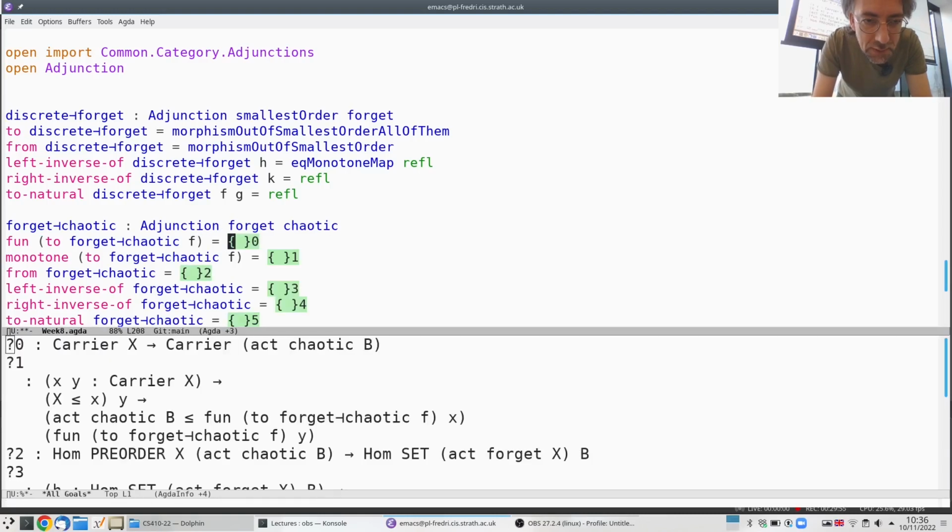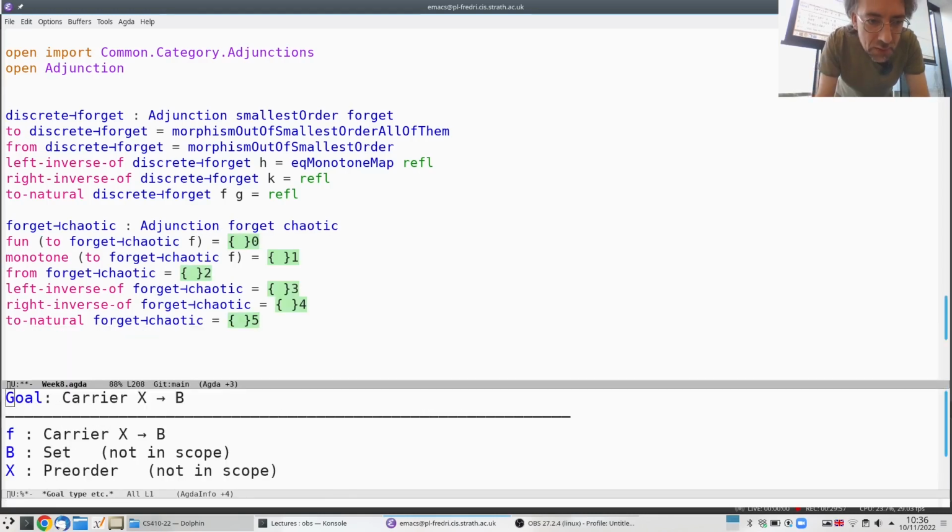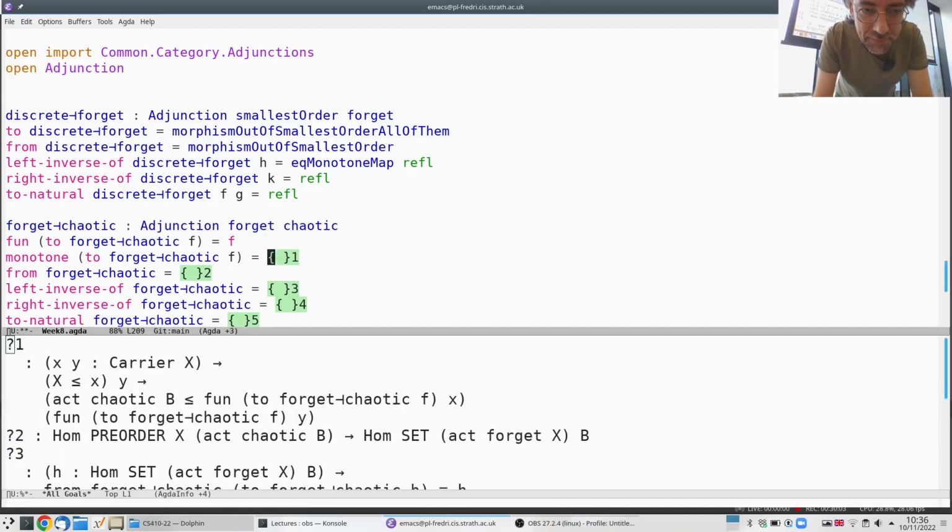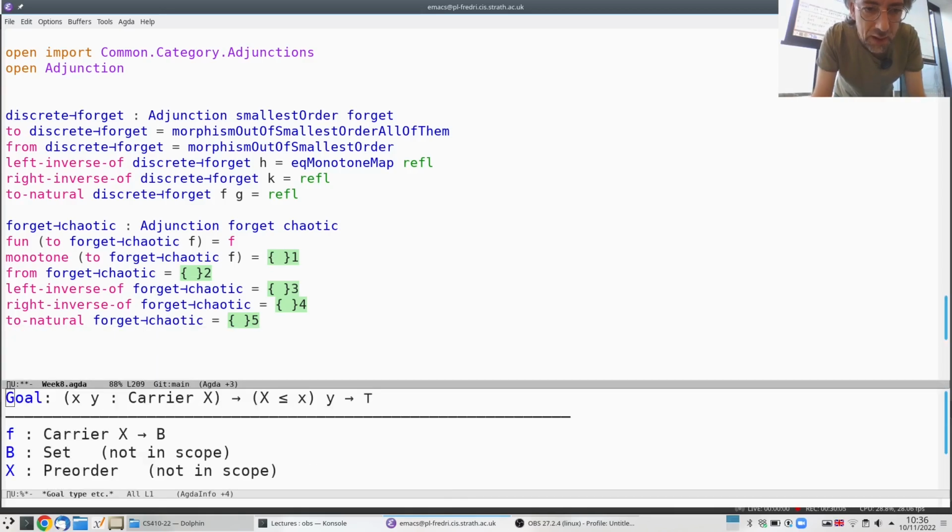Okay, so let's see. I'm obliged to construct a function, but I've got a very good candidate for that function. And I'm obliged to show that it's monotone, but it's extremely easy to be monotone when you're targeting the chaotic order.